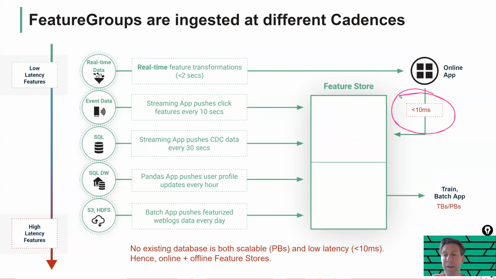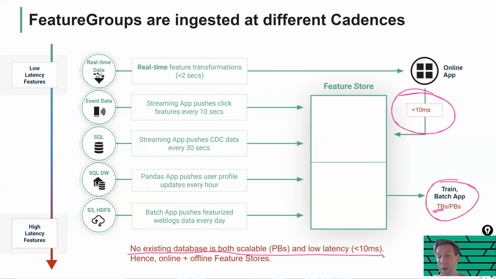The training requirement and the batch applications might require large amounts of data, terabytes or even petabytes of data. And the challenge we have is that we don't know any existing database that has this multi-petabyte scalability and low latency access.